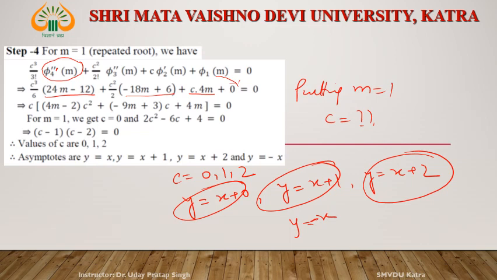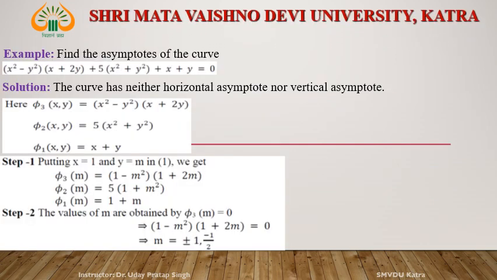Similarly, we can use another example, this example. Now the highest degree term is 3 and the second degree term is this, the first degree term is this. Phi 3m is equal to, putting x equal to 1 and y equal to m, 1 minus m square, 1 plus 2m.